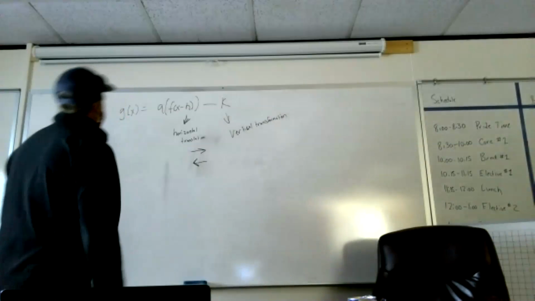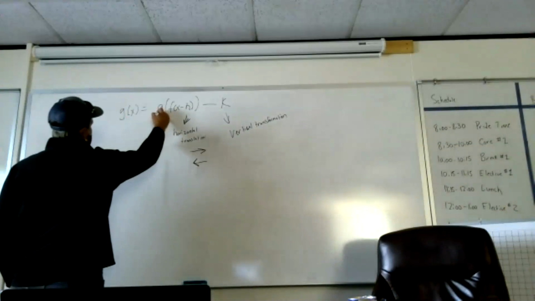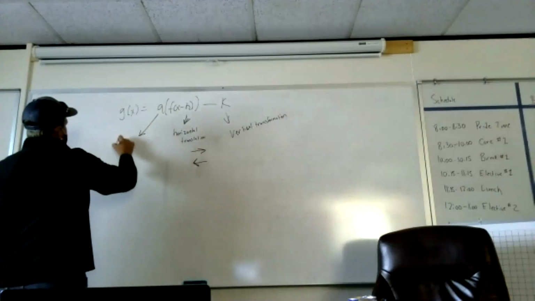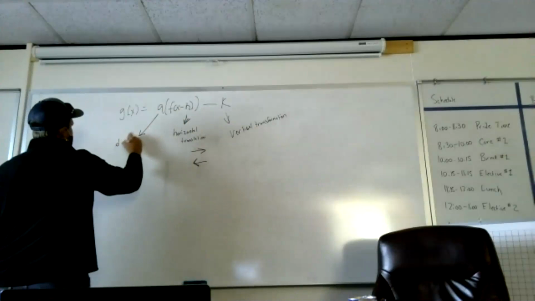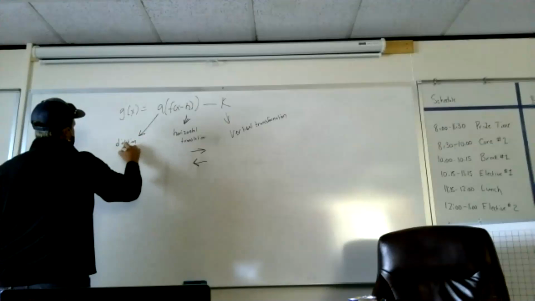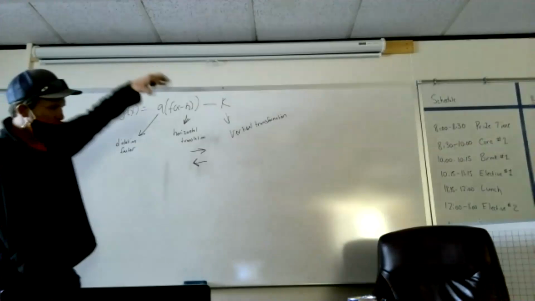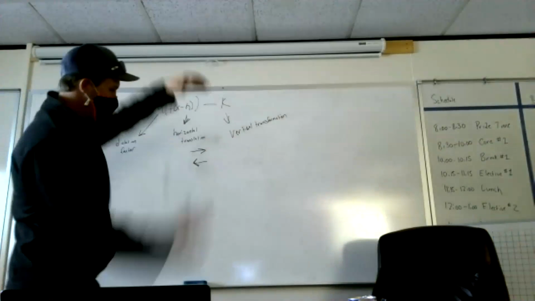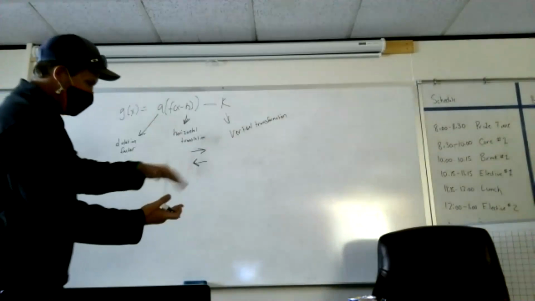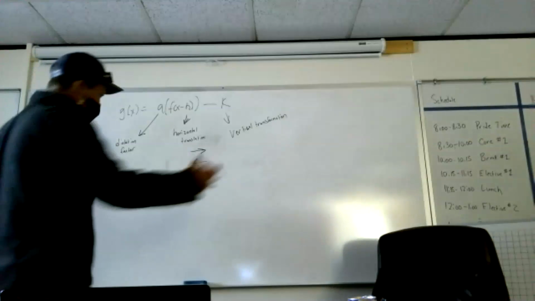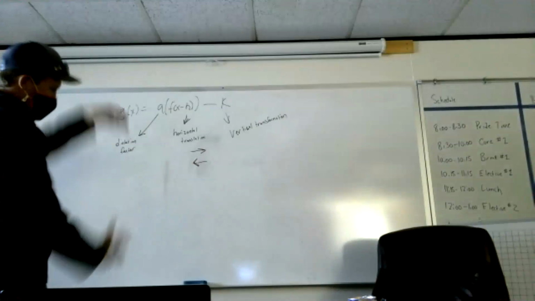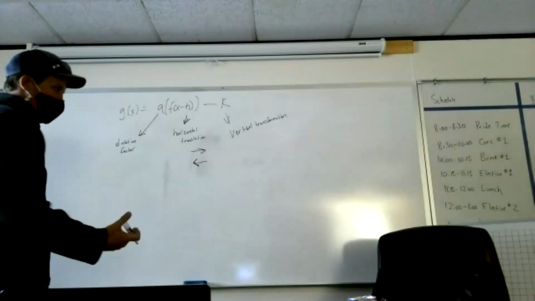Okay? And then the final one is this value of a, which is your dilation factor. It's what stretches the graph. It stretches it vertically, it compresses it vertically, and vice versa. It also compresses it horizontally if it's stretched vertically, like if you're thinking about a parabola.